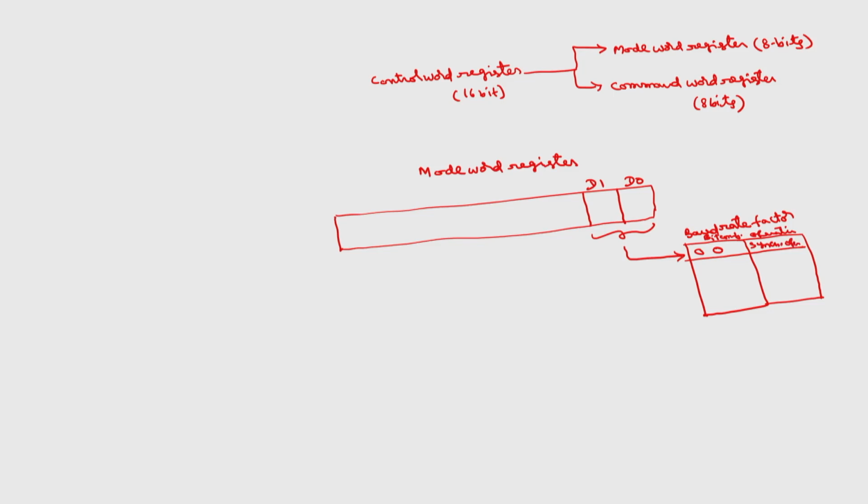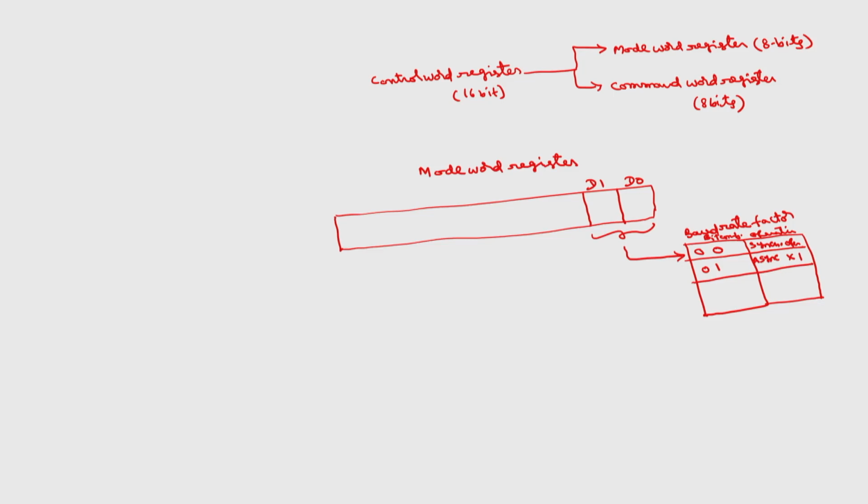As I have told, 8251 can operate in either synchronous mode or asynchronous mode. So, if this is 0 0, this is synchronous operation. If this is 0 1, then this is asynchronous operation, async, and the baud rate factor is 1.